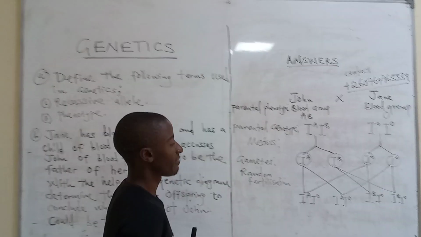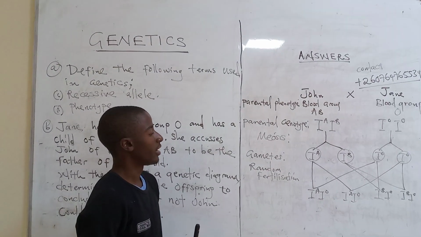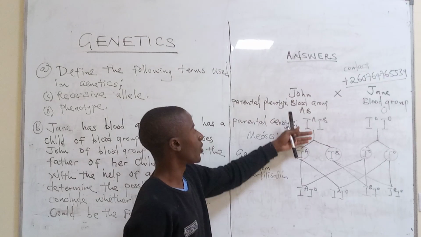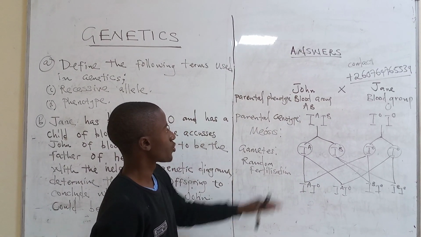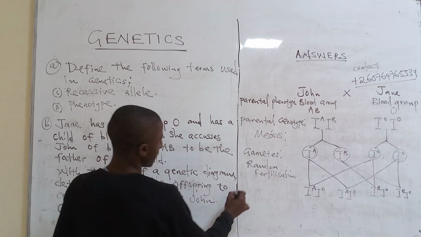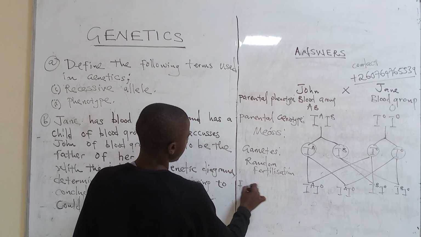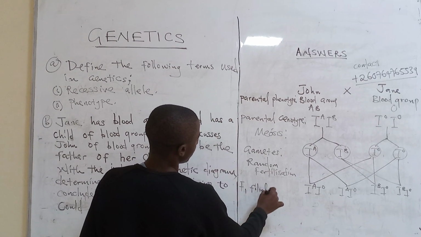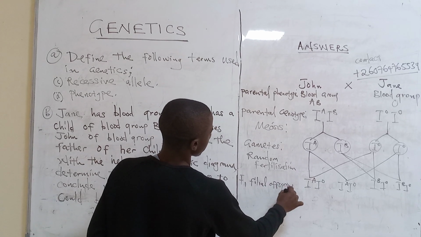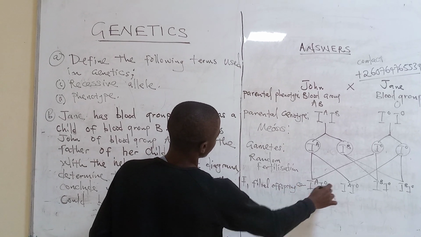So in my first video, I said the offspring that are produced after crossing the parental genotype is what we call the first filial offspring. So I'll say first filial offspring genotype. These are the genotypes.